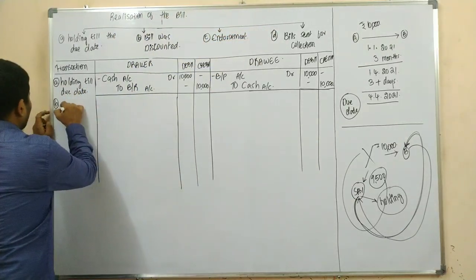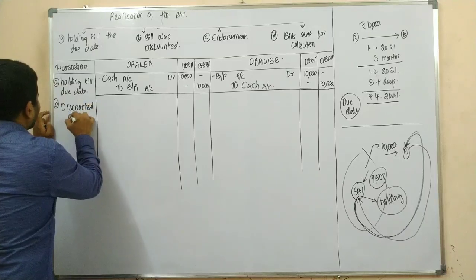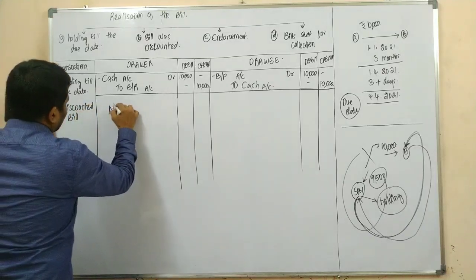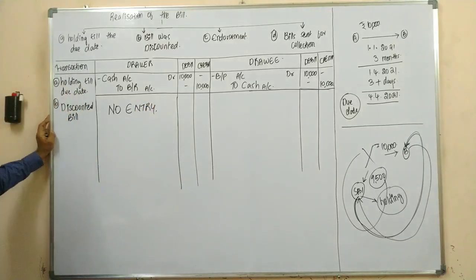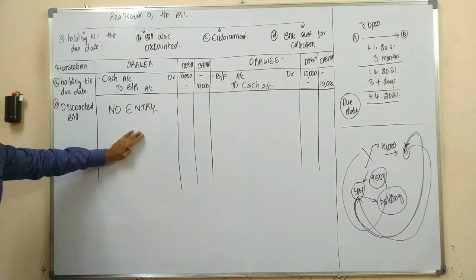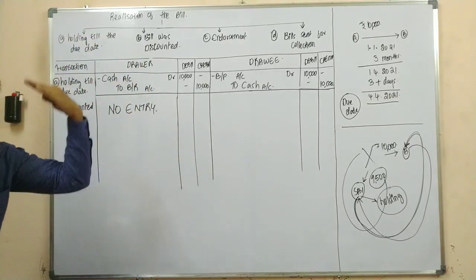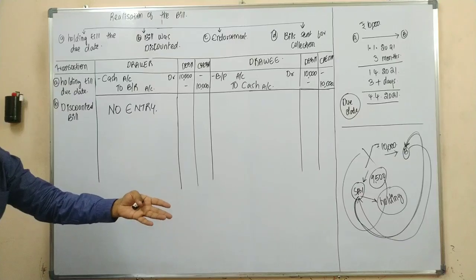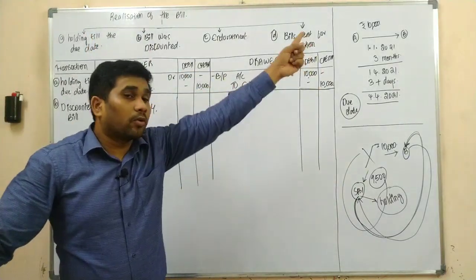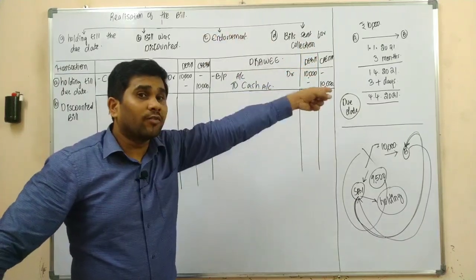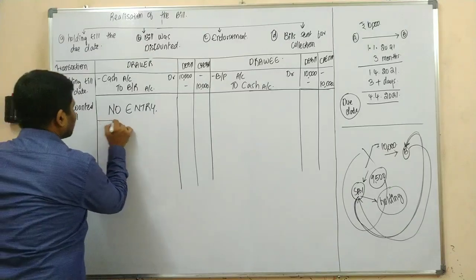The journal entry would be no entry, because he has already received the money on the bill by discounting. On the due date, the banker would be approaching the drawee and the drawee would be paying to the banker. That's it.